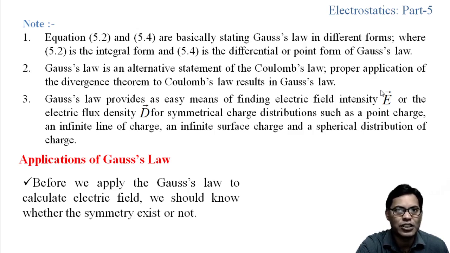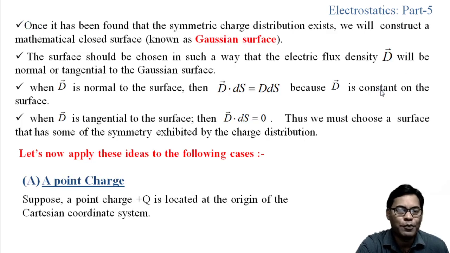If the charge distribution is symmetric, then only we can apply the Gauss law. The second point is that if a symmetric charge distribution exists, then we construct a mathematical closed surface, which is called the Gaussian surface. This is step 2.